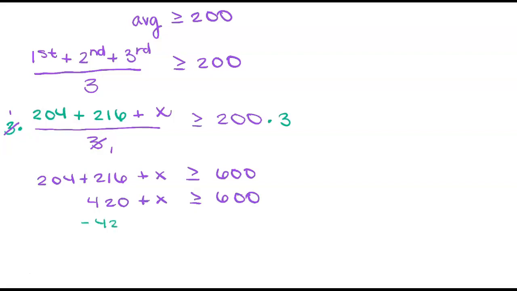Subtracting 420 from both sides gives us that x needs to be greater than or equal to 180. We've solved the inequality. So now we know that Tim needs a score of at least 180 to qualify for the final tournament. And that completes Chapter 2.